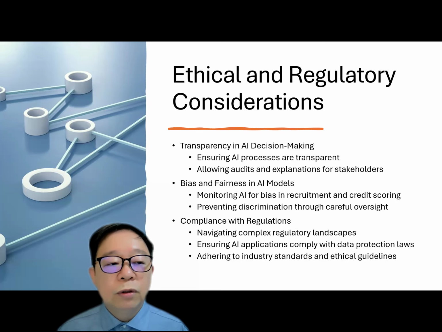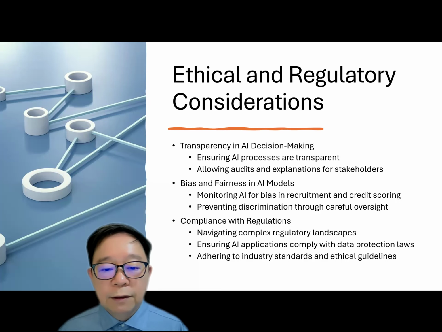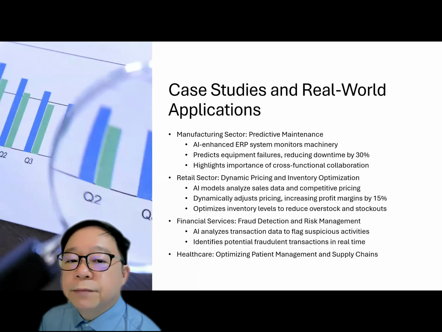So don't just let AI make the decision. As an entrepreneur, I also would not just let AI make all the decisions. No. You must make sure that the AI process is transparent to all your staff. Otherwise, there is bias, right? So bias and fairness are important. And of course, at the end of the day, your company must comply, because countries are setting out a lot of AI regulation.